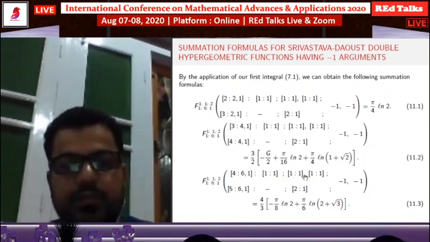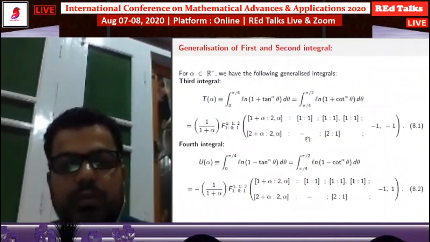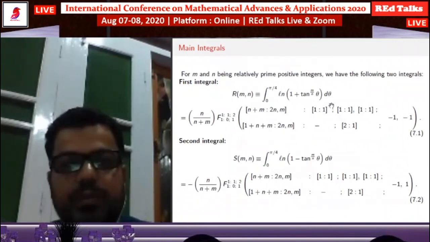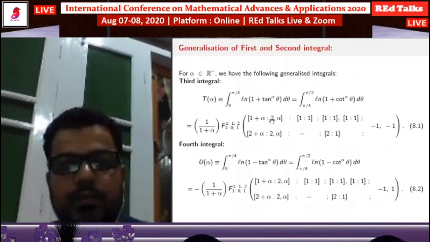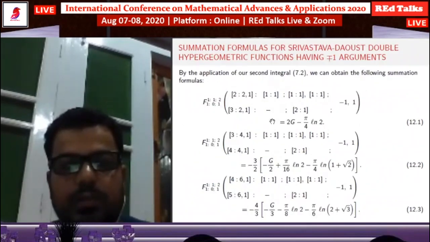This is having arguments -1 and -1, both negative arguments. By putting various values to m and n here, we get these summation formulas.